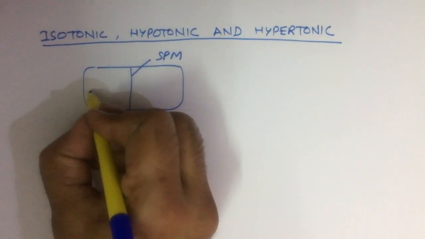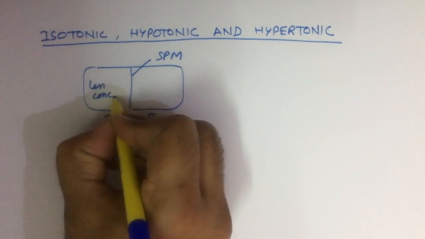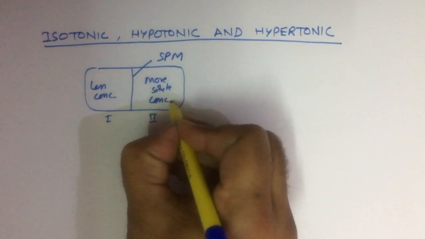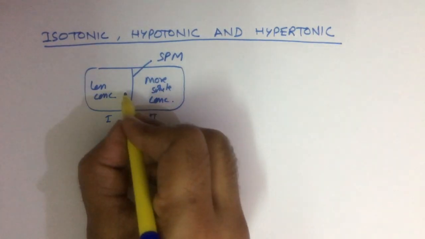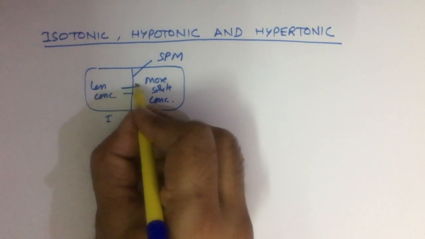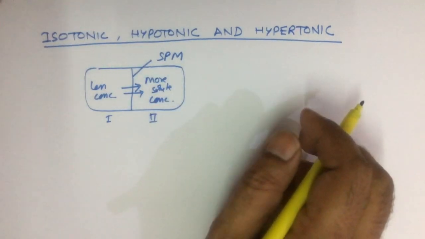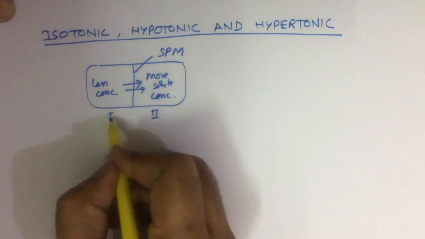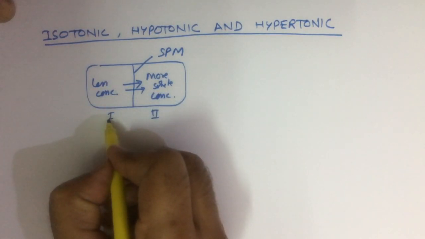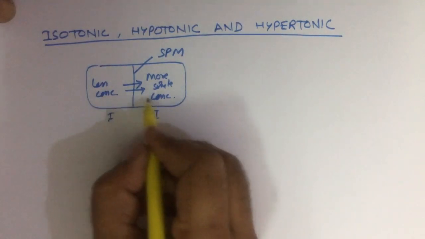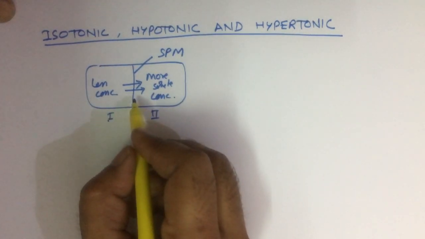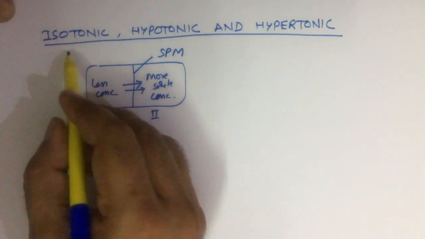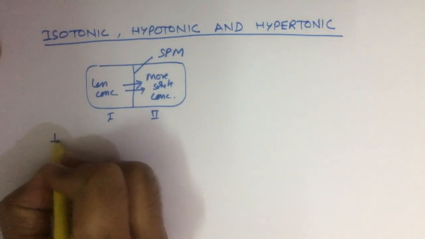Suppose here there is less solute concentration, here there is more solute concentration, so solvent molecule will move from less concentration to more concentration, and this process will continue until both the solutions have the same osmotic pressure. When the osmotic pressure of both the solutions become same, there will be no further osmosis, and such solutions are called as isotonic solutions.